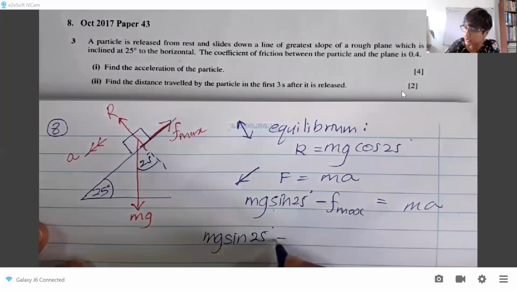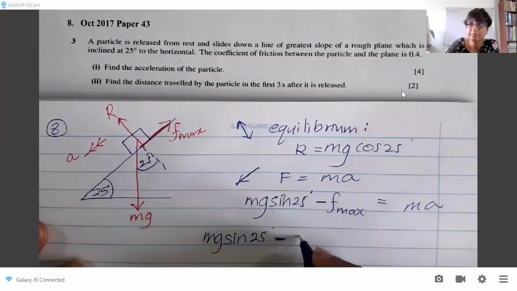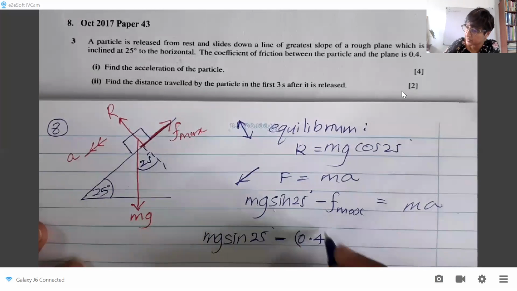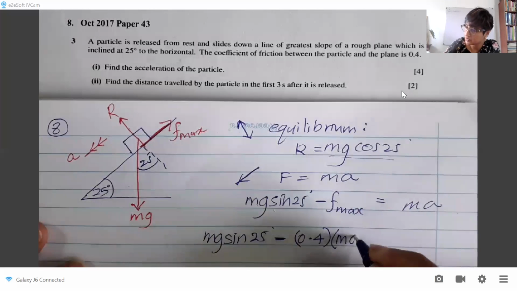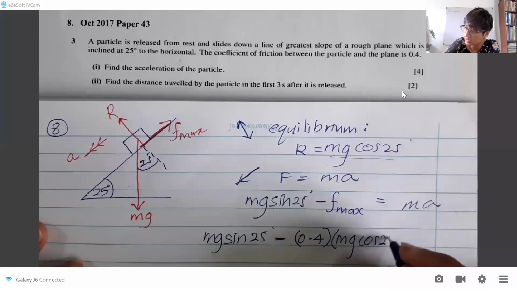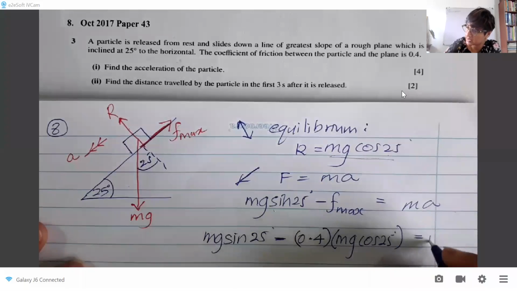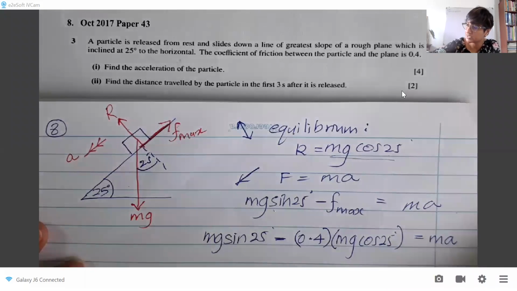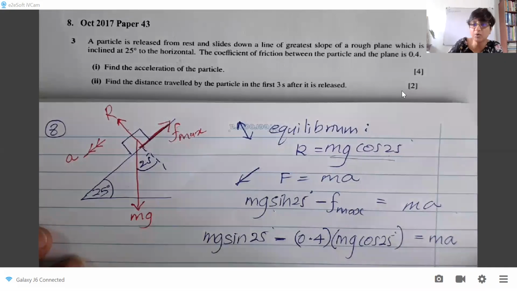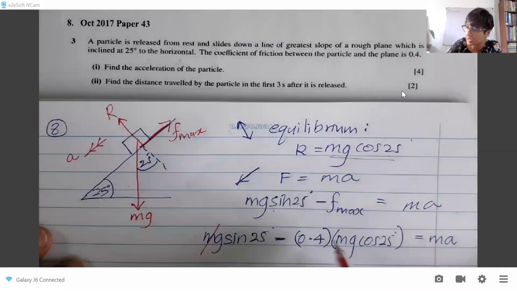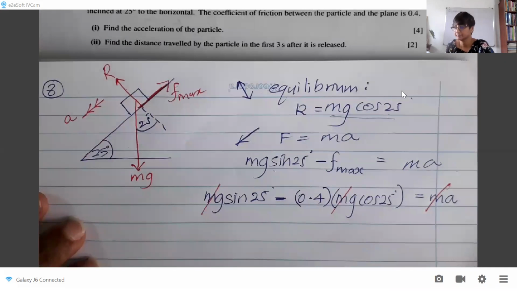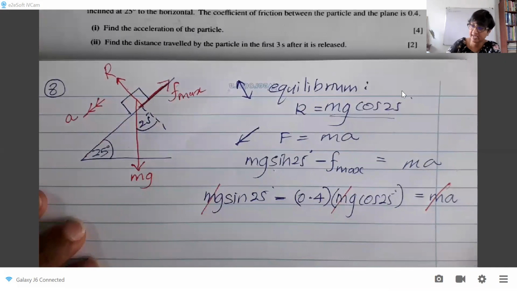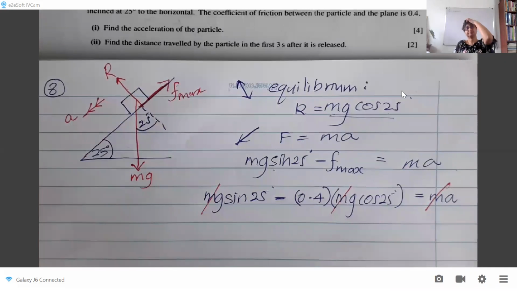So for F max, you can put mu R, mu is 0.4, R you can put from here, mg cos 25, equals ma. Do you see m gets cancelled? Divide the whole equation by m. Each term has m in it. Now solve for a. What do you get?